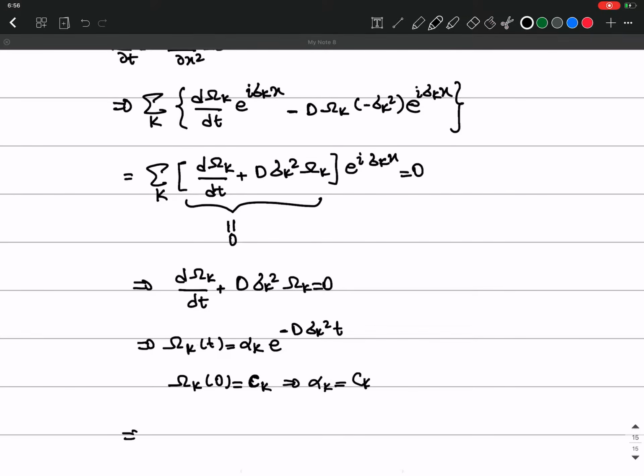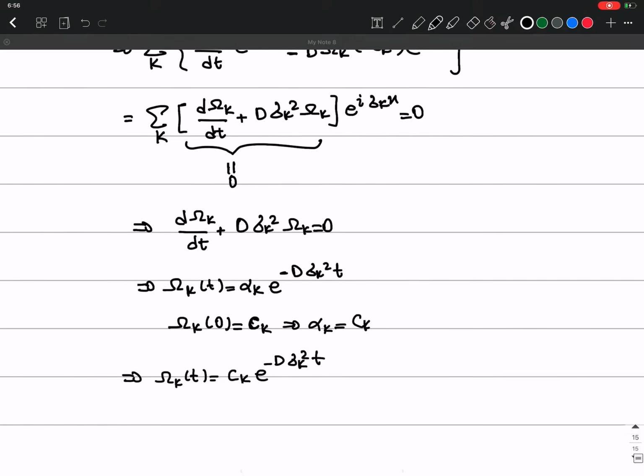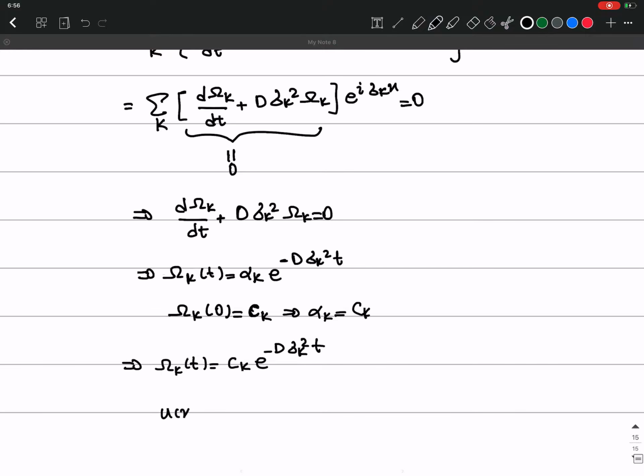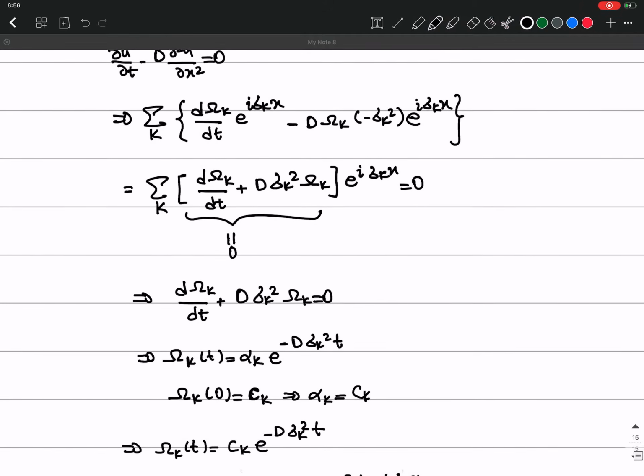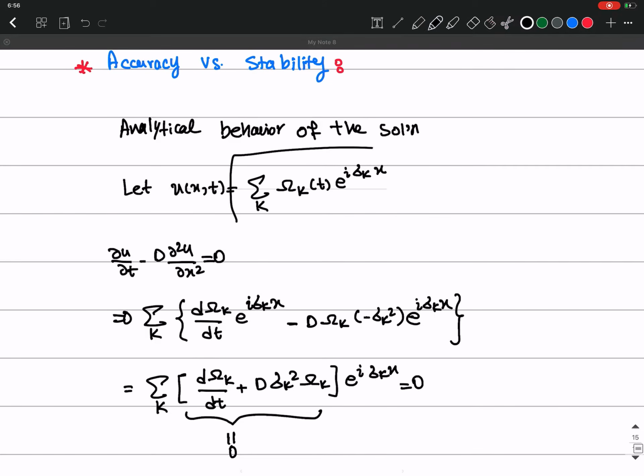And therefore, omega_k(t) equals c_k e^(-D sigma_k squared t), and u(x,t) equals sum over k of c_k e^(-D sigma_k squared t) times e^(i sigma_k x), right? This is based on this definition here.